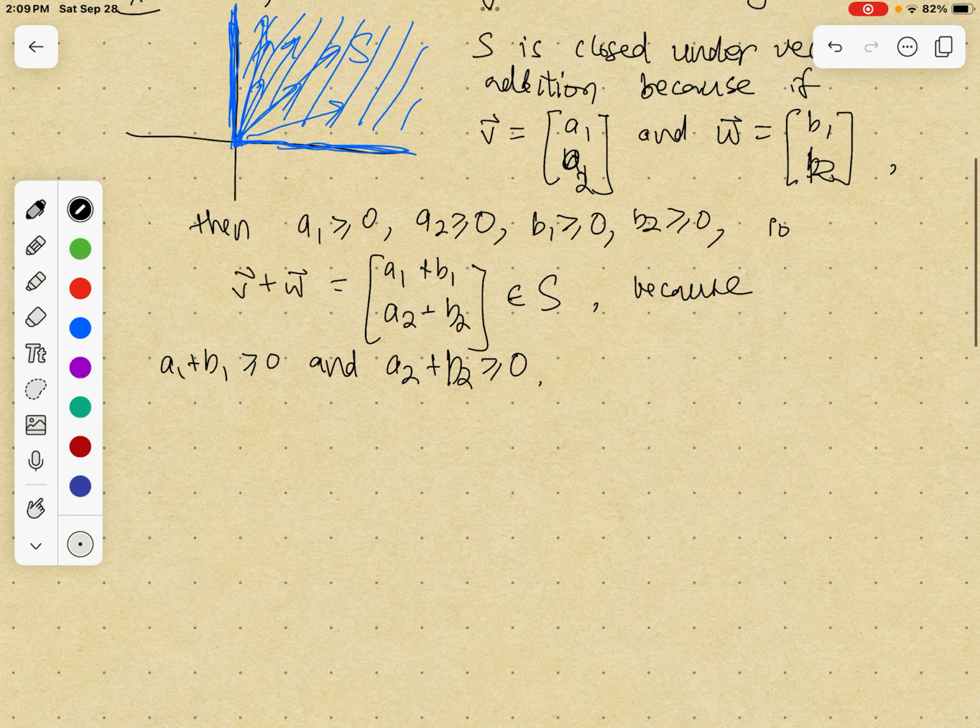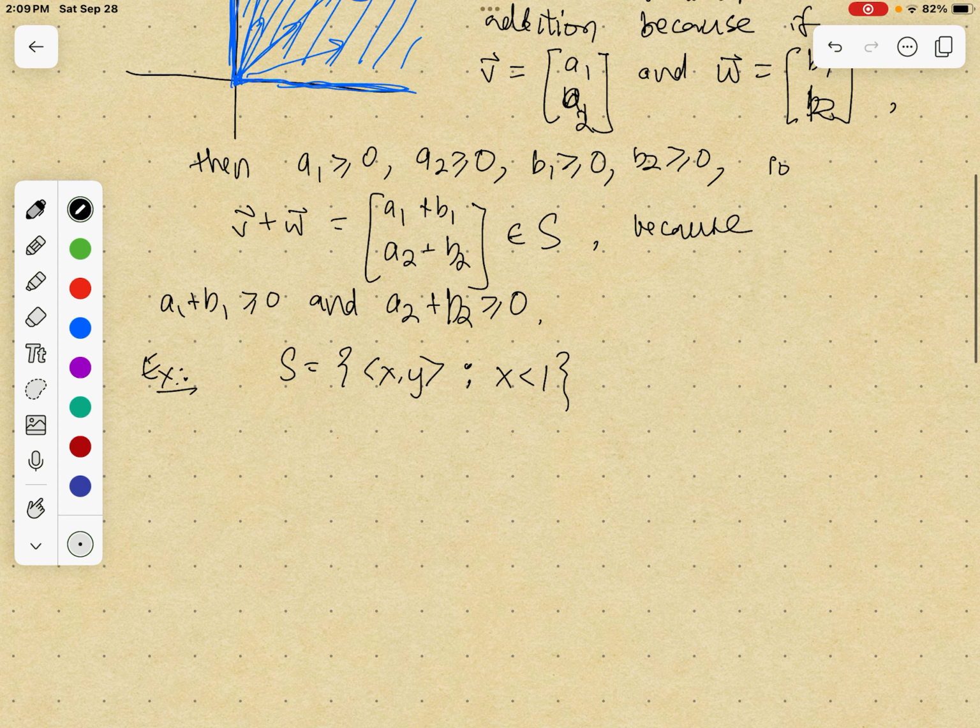All right, let's look at another example. Again, in R2, let's say that S is the set of (x, y) such that x is less than 1. Okay, what does that look like? Let's draw a picture. So here's the x coordinate, the y coordinate. Here's x equals 1.